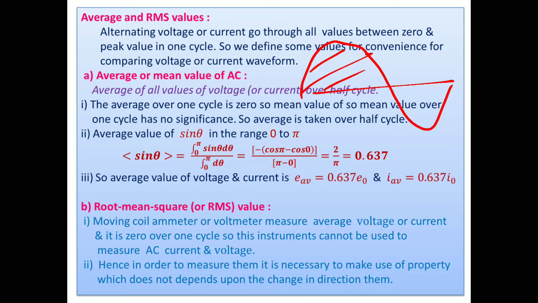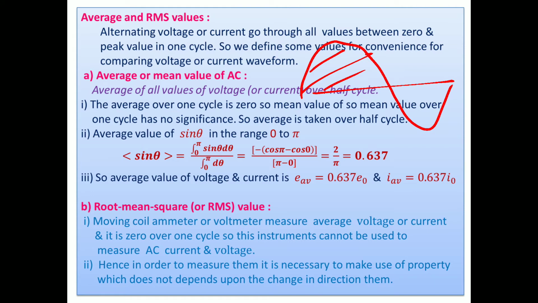Thereafter, cos pi is minus 1 and cos 0 is 1. So, minus 1 minus 1 is minus 2. The minus sign is outside the bracket, so minus becomes plus 2 upon pi. But pi is 3.142, and 2 upon 3.142 is 0.637.